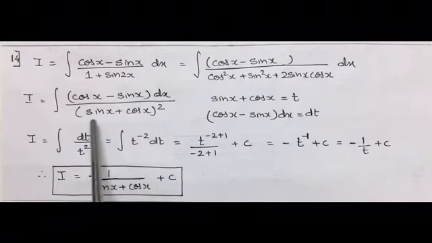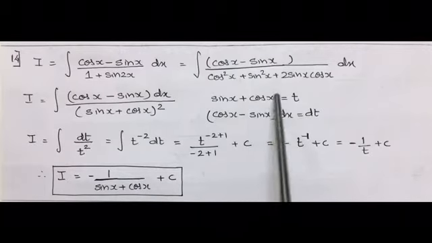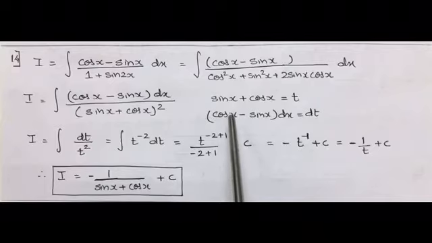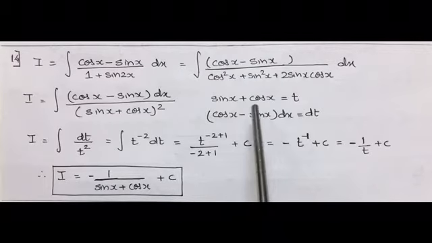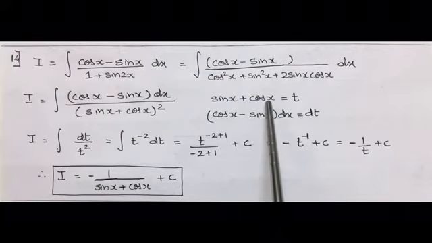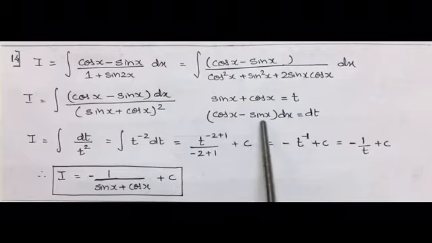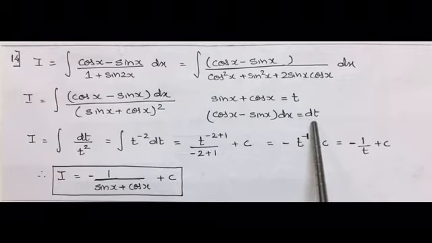Now assuming sin x plus cos x as t and taking the derivative of sin x plus cos x, sin x derivative is cos x, cos x derivative is minus sin x. So we get here cos x minus sin x dx is equal to dt.